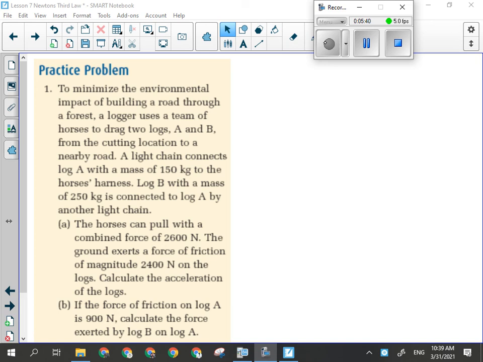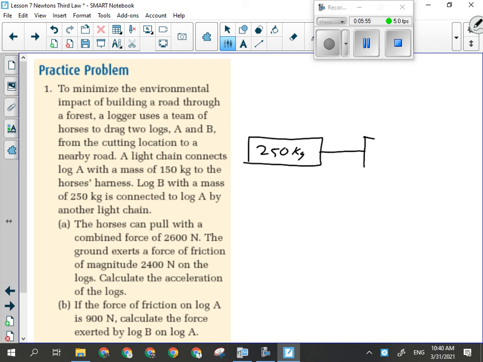All right, so we've got these two logs that are being dragged out by a team of horses. We've got log B, which is 250 kilograms, attached to log A, which is 150 kilograms, which is attached to the horses.